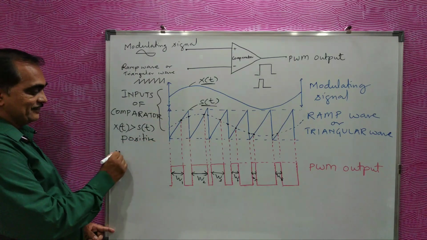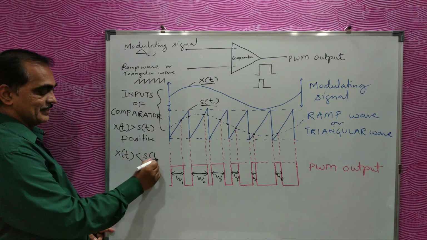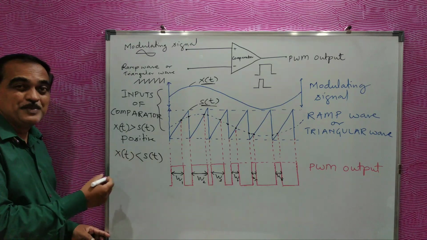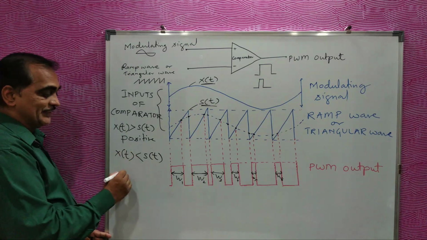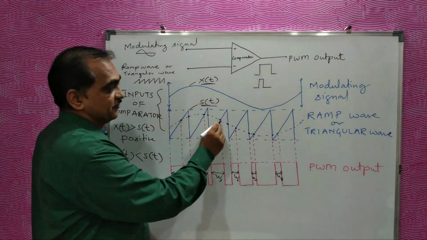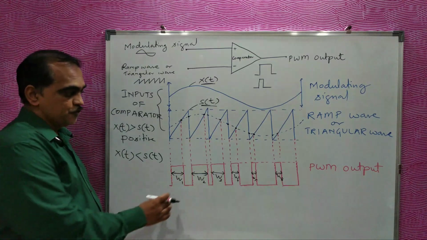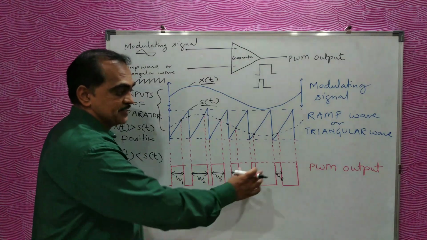Similarly, whenever x(t) is less than s(t), the output will decrease. It will be less positive. It will go towards negative. So here if you see, at the points of intersection, you can draw this output wave of pulses.